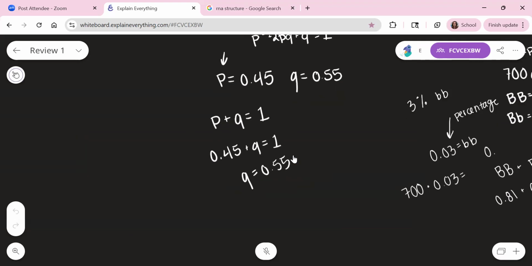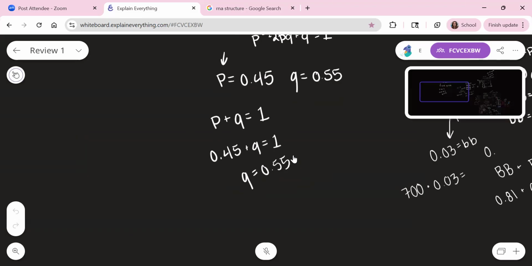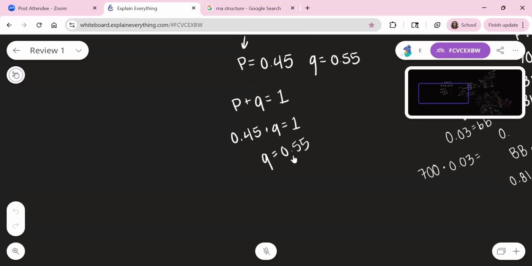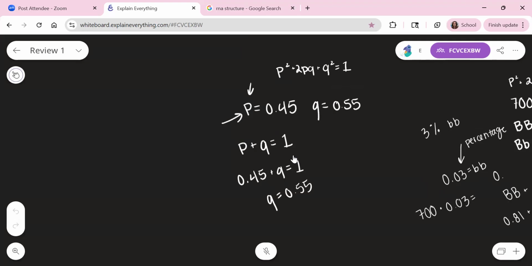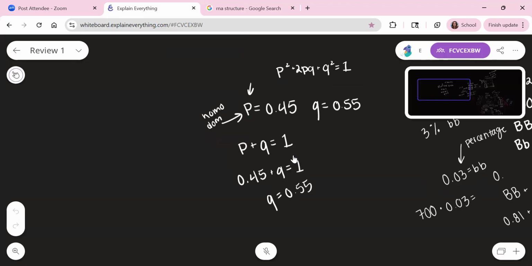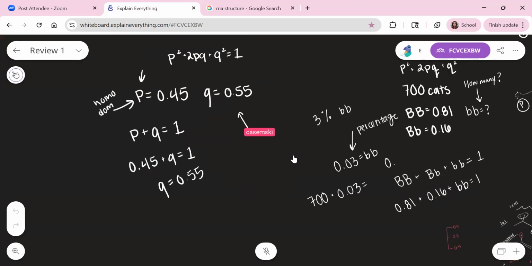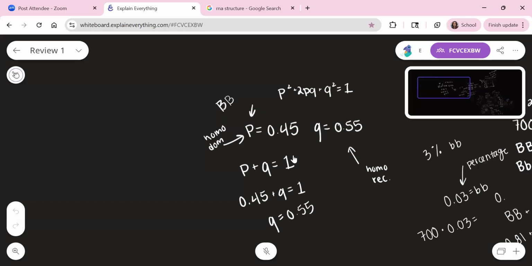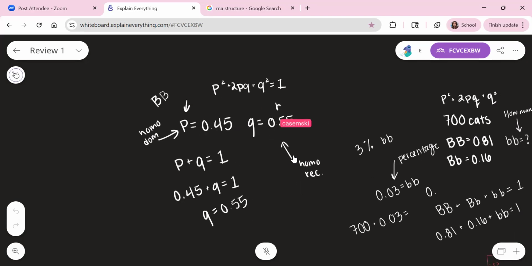And so now we can calculate the frequency of each. Also, one thing to note, this is homodominant, and this is going to be our homorecessive, because this one will be big B, and this will be little b, little b.